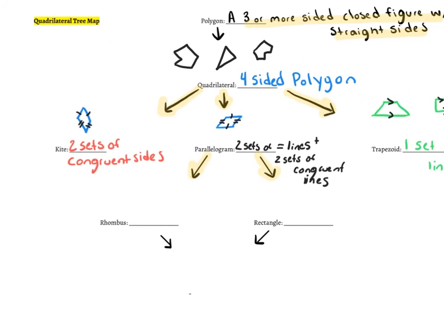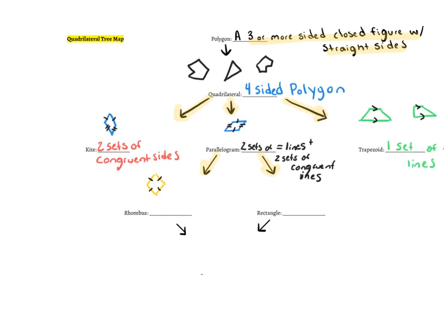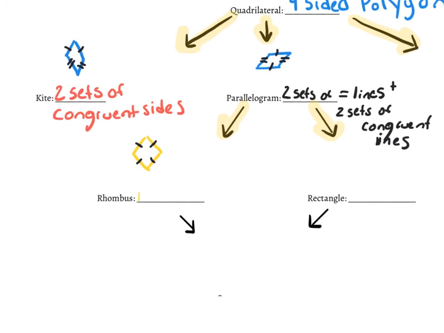So remember a rhombus, let me switch back to the pen there. A rhombus looks similar to a square, but it has 2 acute and 2 obtuse angles. So let's put down a rhombus.